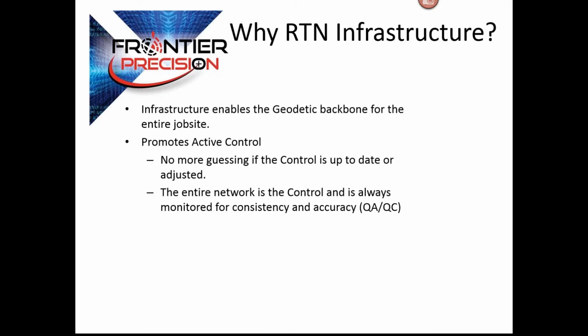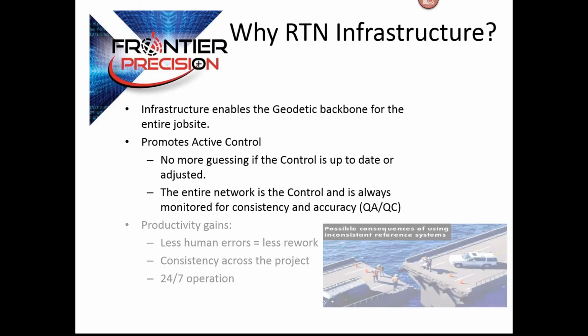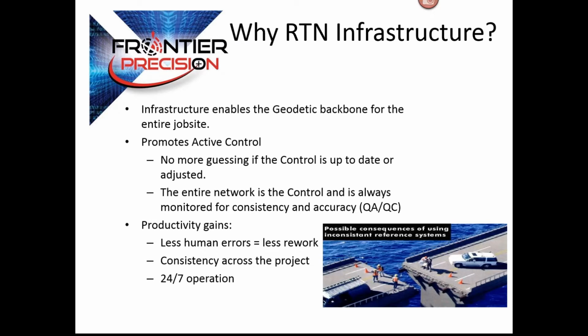Am I hitting? Do I need to calibrate? All these things. And you'll see here, with the use of the real-time infrastructure, that we have productivity gains. It's proven that there are fewer human errors, which means less rework. There's consistency across the project, and a real-time network operates 24/7, which has value.